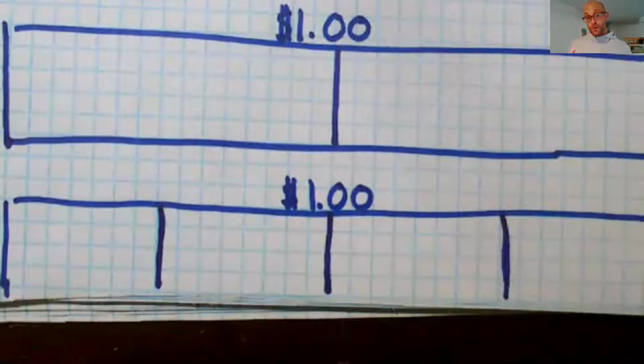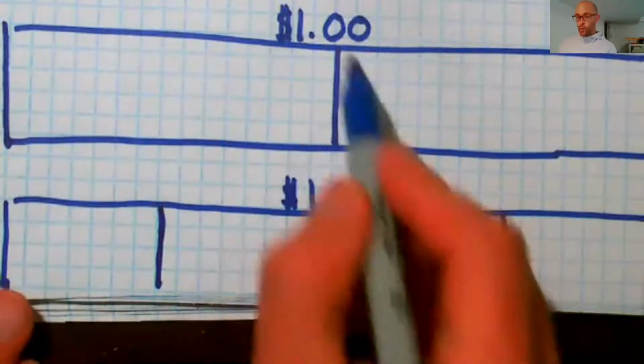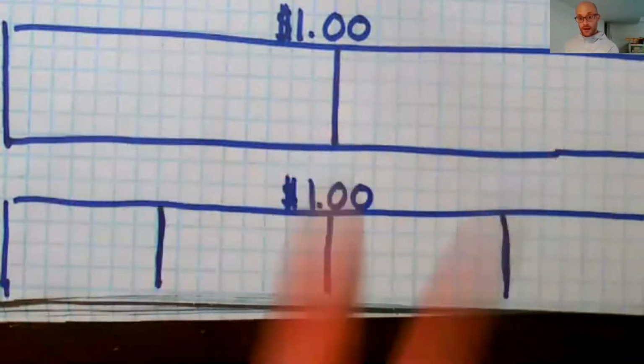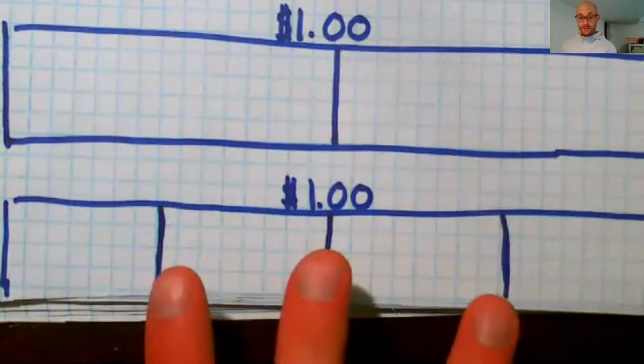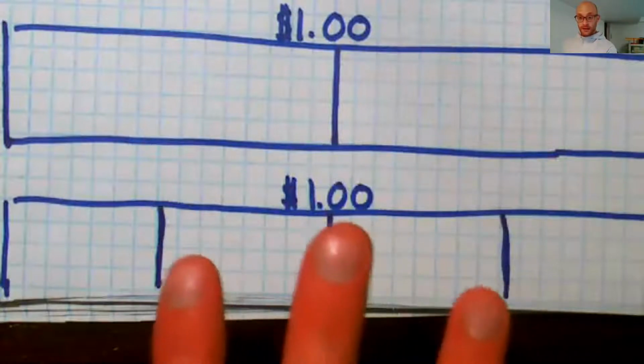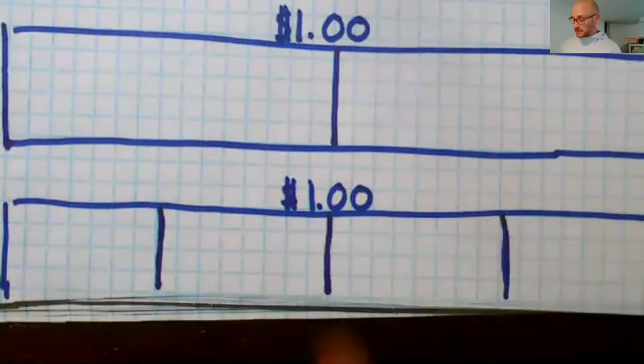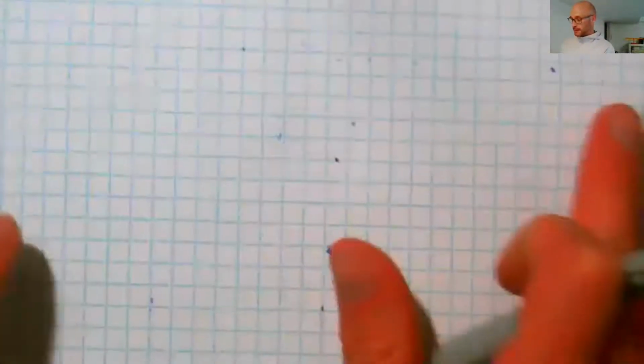Well, 4 lines make 5 equal spaces or 5 equal boxes. This is 1 less than you might think you need. Just to review again, 1 line divides a box into 2 equal pieces. And 3 lines that I made inside this box, you can count them 1, 2, 3, makes 4 equal spaces. That's a handy tip that may come in handy more than you think it would in math class.